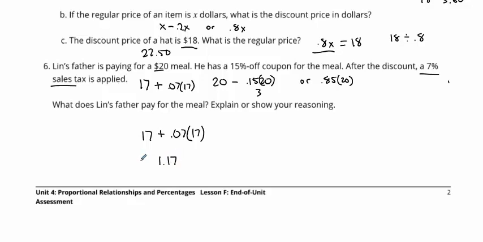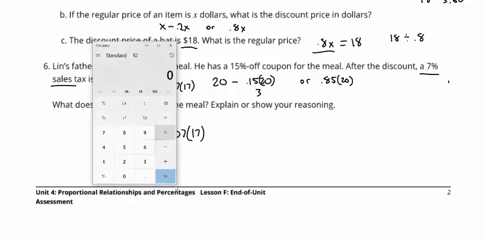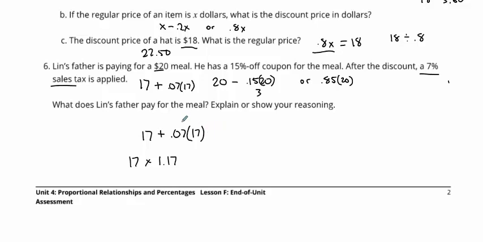If we take 17 plus, well, we'll just figure this out. 7% of $17. 17 times 0.07, because 0.07 is 7%. That's $1.19. So he pays $1.19 plus $17. So 17 plus $1.19 sales tax is $18.19.